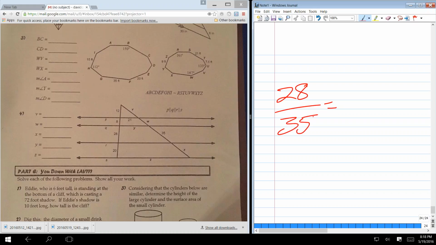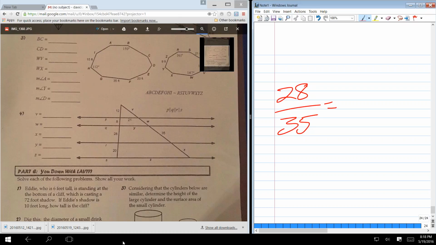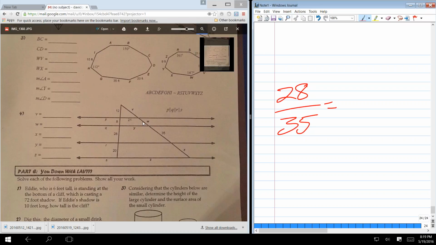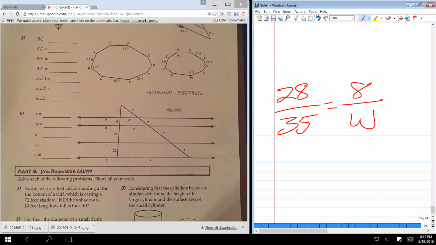There's the ratio: the left side to the right side is equal to 12 over V. Correct, but we've solved for V already. We're trying to solve for W. So to solve for W, you would do 21 over W, left side over right side. So that 21 is a base, and so far we have not looked at any base. So it'd be 8 over W then? Yes. In other words, you have to be consistent in your corresponding parts.